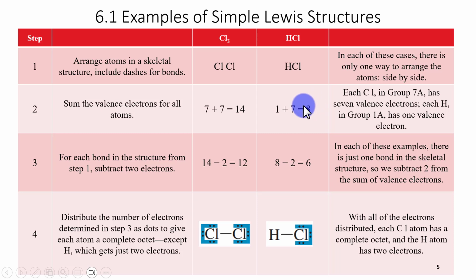That is how many electrons I had to begin with. My hydrogen has 2 electrons around it, and hydrogen is happy with 2. Then my chlorine has 2, 4, 6, 8 electrons, which means it's satisfying the octet rule. And this molecule is done.